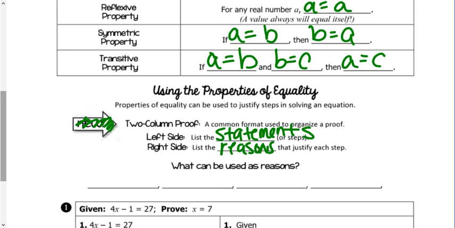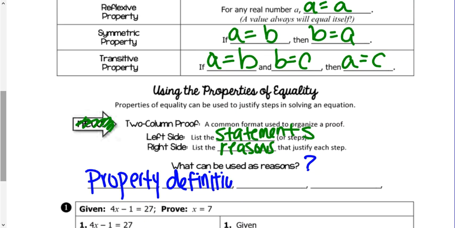So what can be used as reasons? Well, we can use any property that we just talked about. We can use any definition we know of. We can use any theorem. And we can use any postulate.